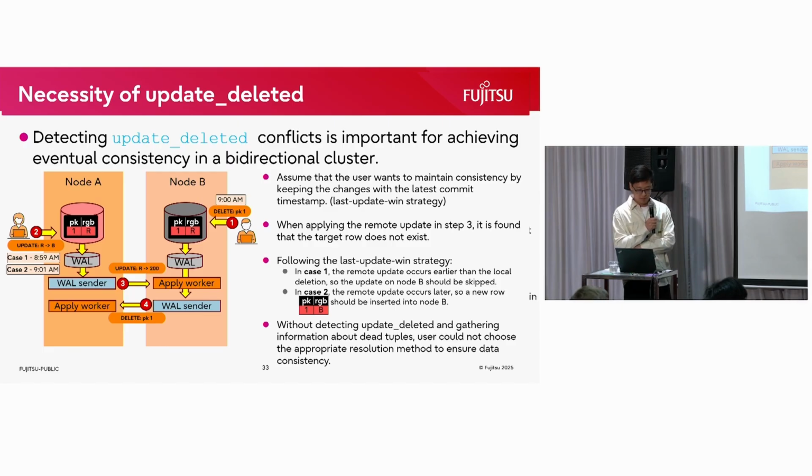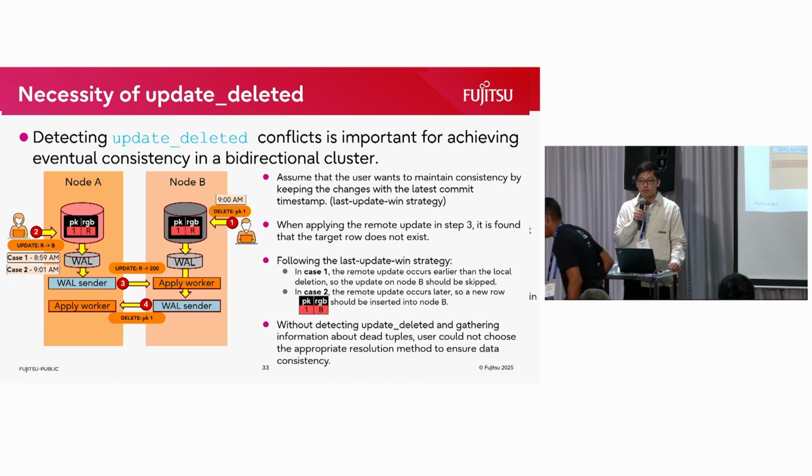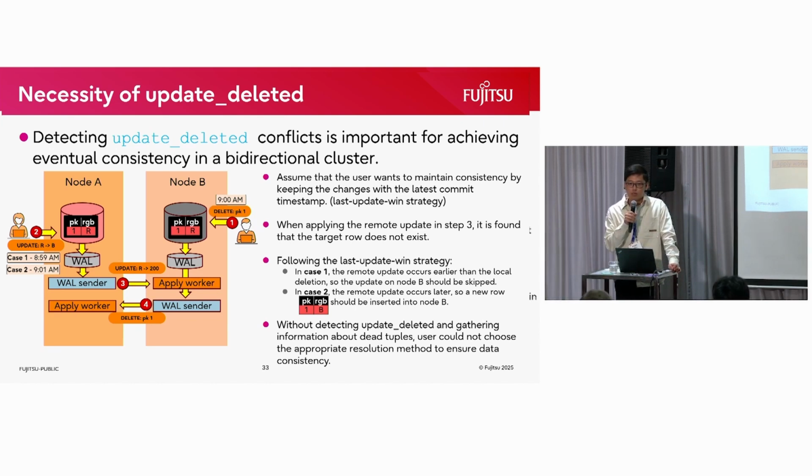Any other questions? Does this conflict resolution apply only to physical replication, or can we use it for logical replication as well? I think it's only used for logical replication. Only logical.